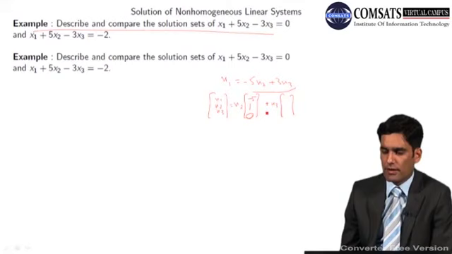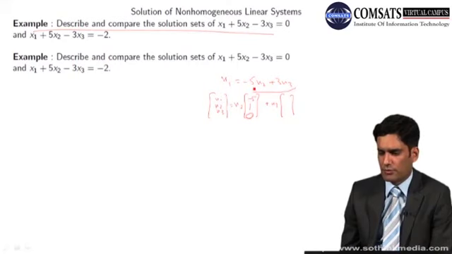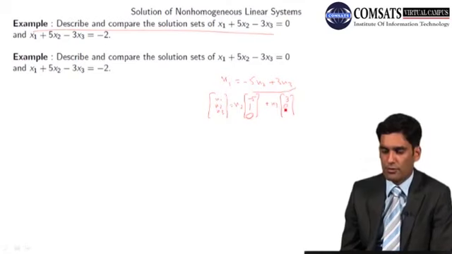Similarly, I will find the vector corresponding to x3. In the expression of x1 we have this one, and the coefficient is 3, so I will put 3 here. Then x2 does not have x3, x2 is a free variable, so I will put 0 here, and for x3 I will put 1.